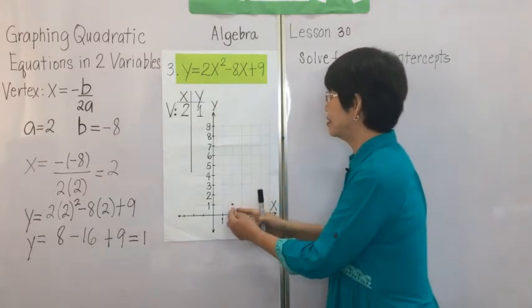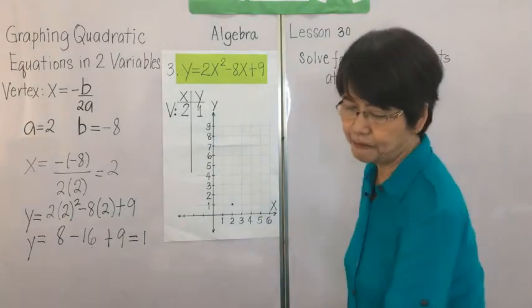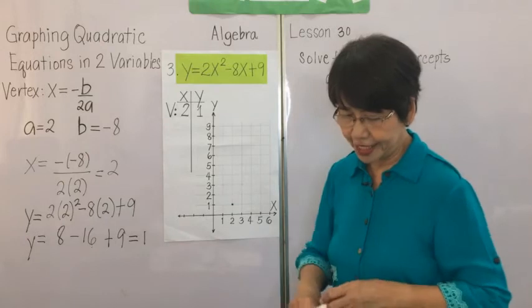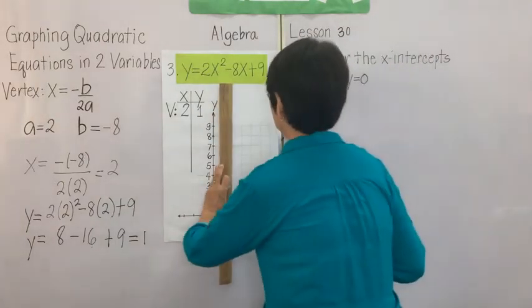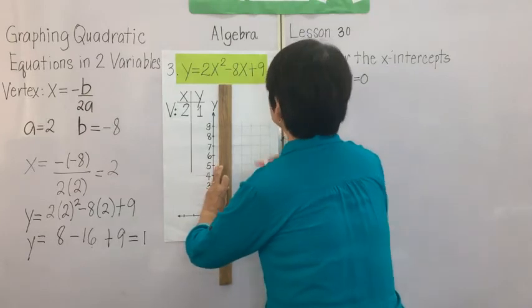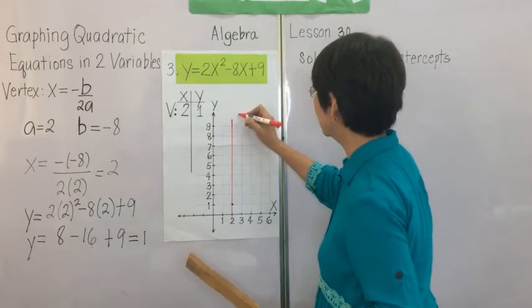So we expect that the graph will go this way. And we have to locate the line of symmetry at x is equal to 2.